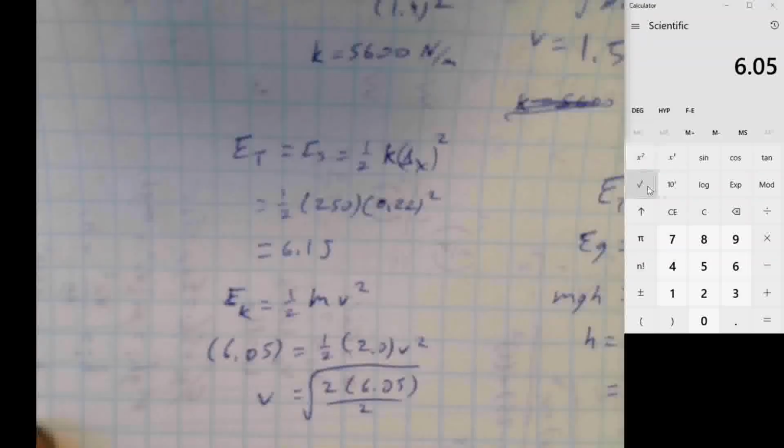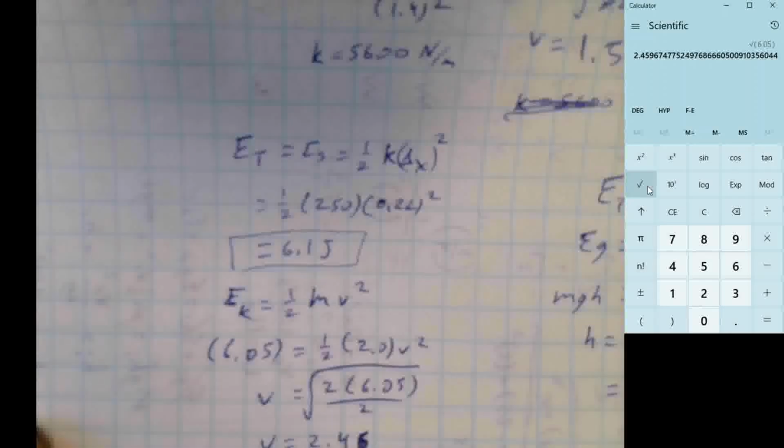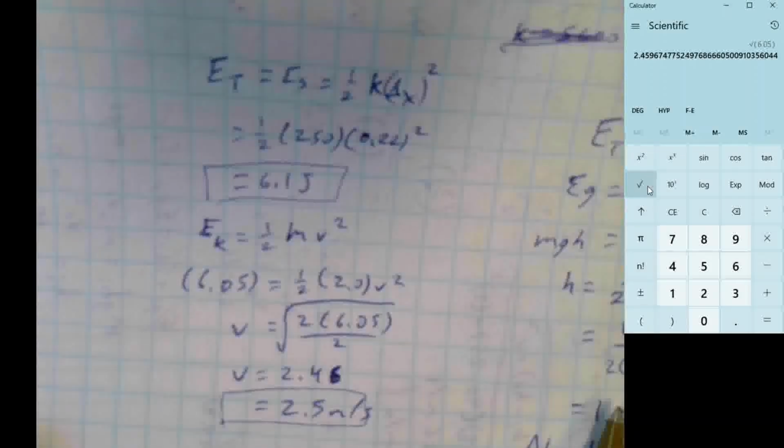So V is going to equal the square root of 2 times 6.05 over 2, which is 2.46, but I have to round again for significant digits, 2.5. So my first solution, my energy before, is 6.1. Using that energy, I can find out my velocity, which is 2.5 meters per second.